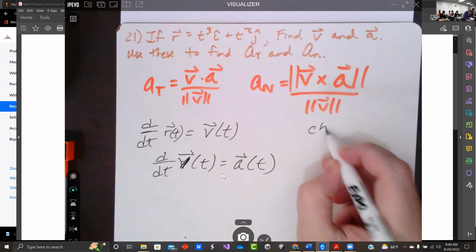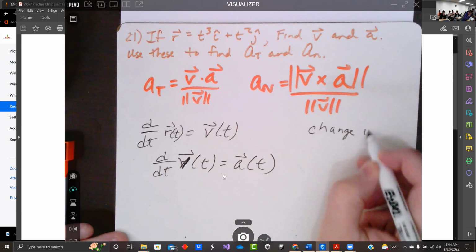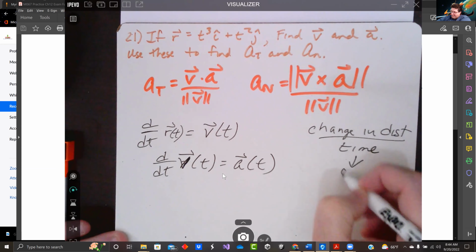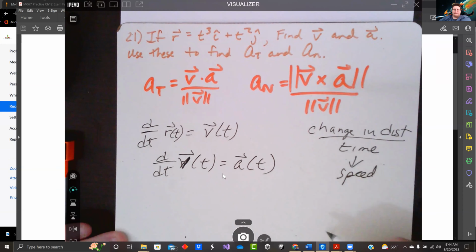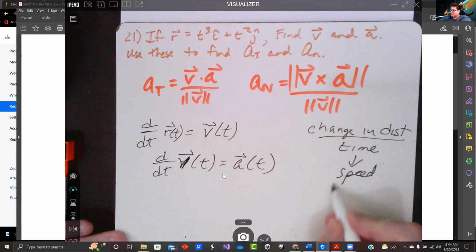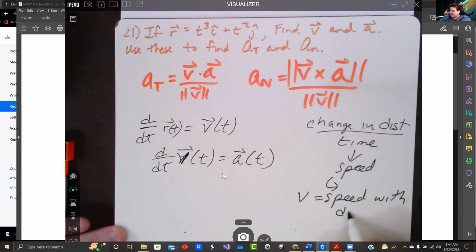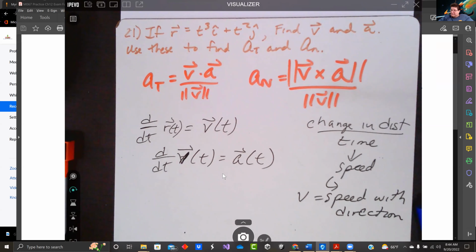A change in distance over time is the definition of speed. Velocity is just speed with direction. It's the definition of velocity, so there's nothing to prove. Speed with extra steps.